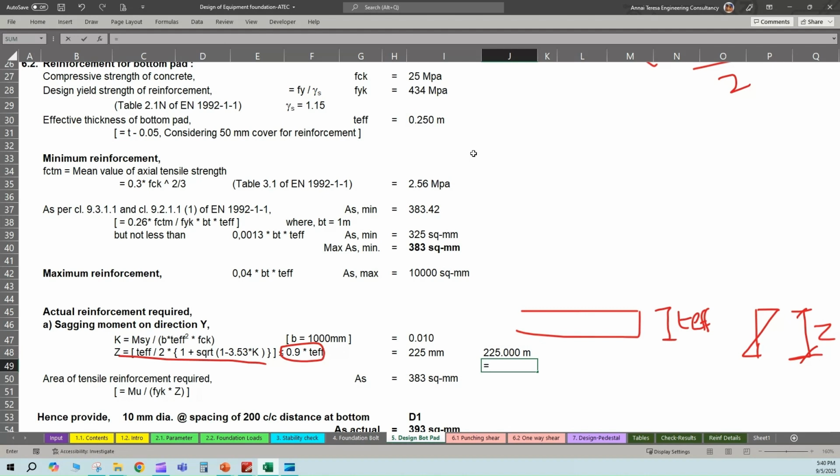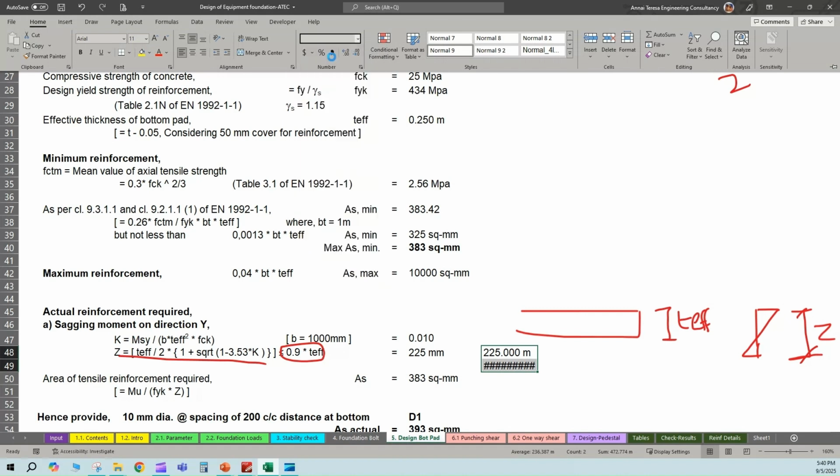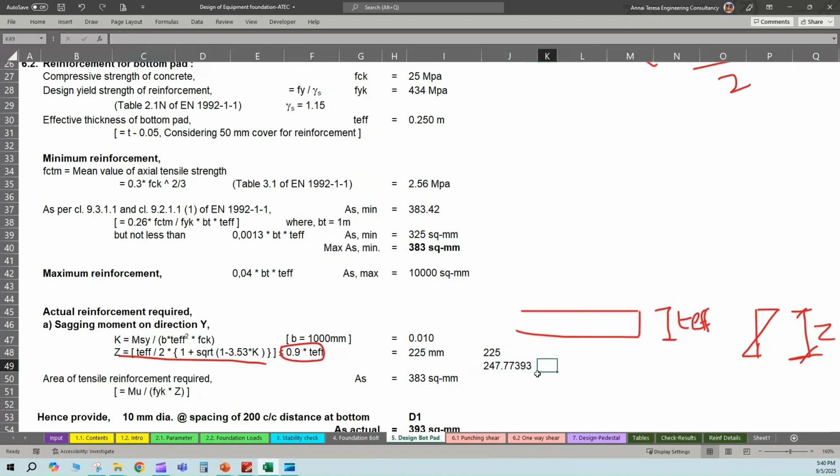But if you calculate this equation, t effective 250 mm divided by 2 multiplied by 1 plus the square root of 1 minus 3.53 times 0.01, that is K, it comes to around 247.77 mm, which should not be right, because we already know that the effective depth of the slab is 250 mm.